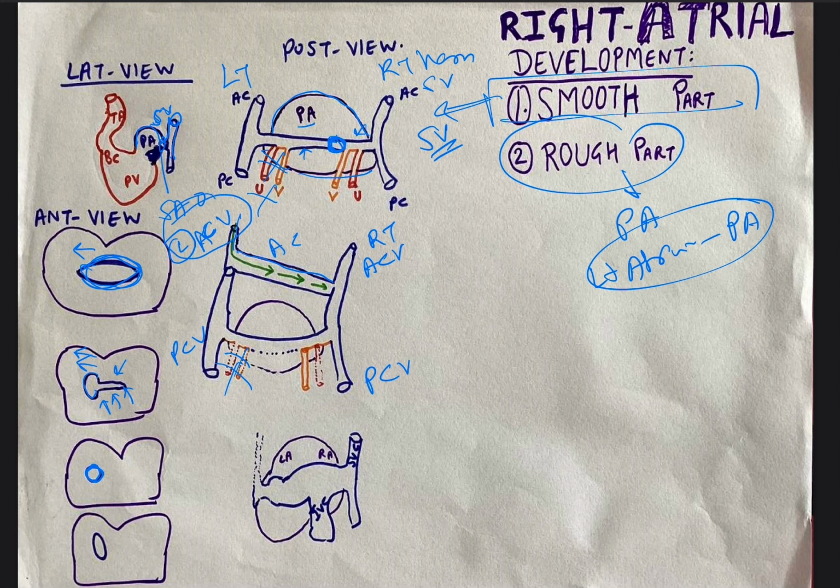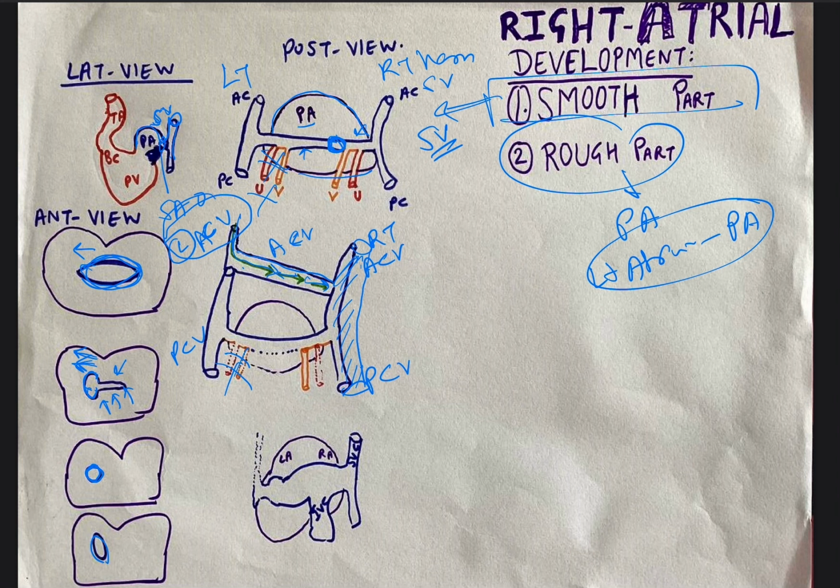The left-side anterior cardinal vein is degenerating and putting its blood through the anterior communicating vein, so the right horn starts enlarging gradually, and the left horn starts degenerating. During enlargement, it also shifts toward the right side.